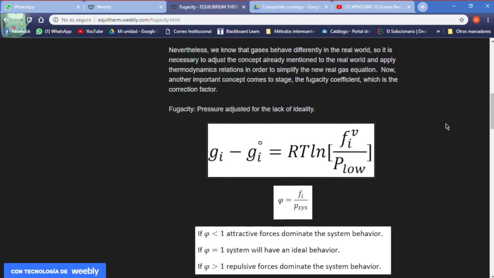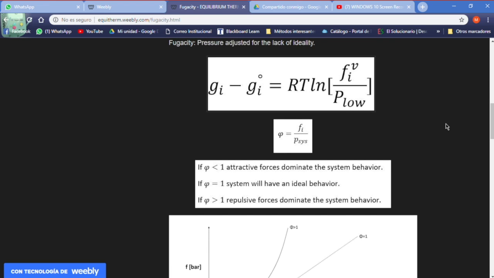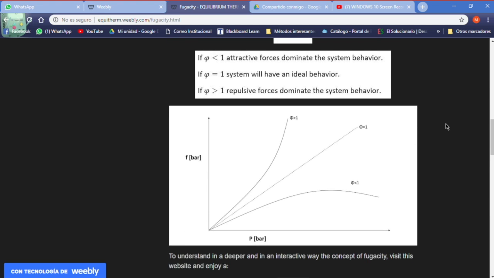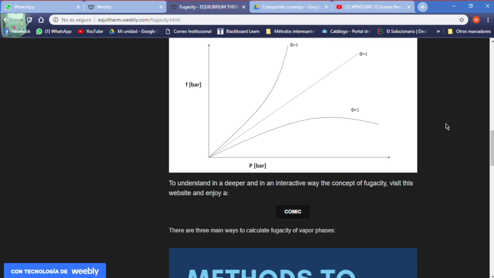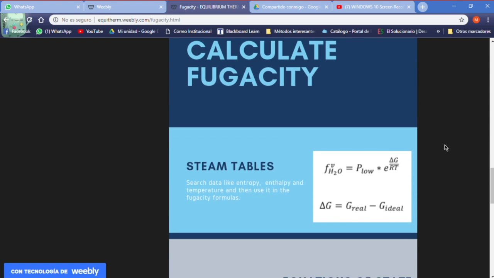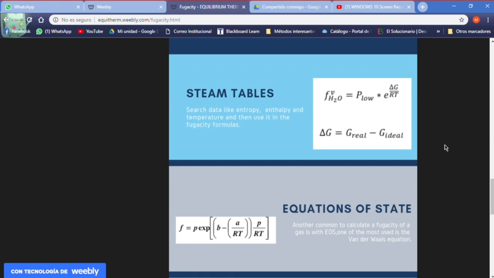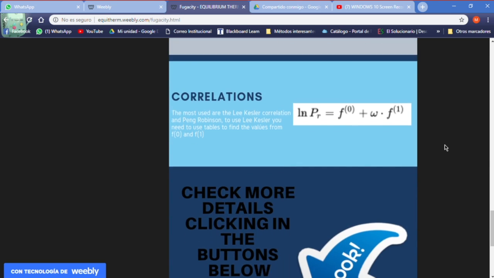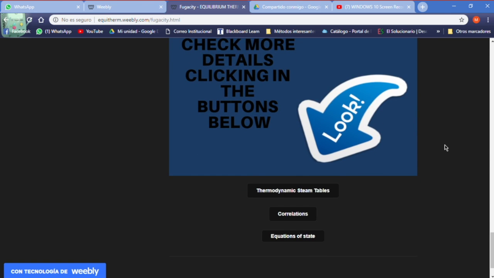We also include the equations from where fugacity is developed, charts, and a special comic right in this button where you can learn more about fugacity in a very hilarious way. Also, we include a little infographic in which we summarize the information because there are no big explanatory videos easy to understand.